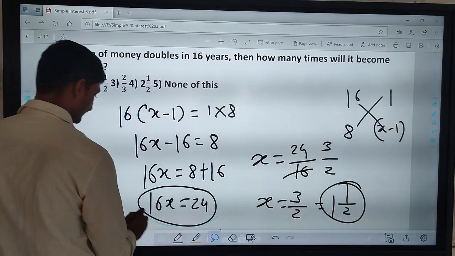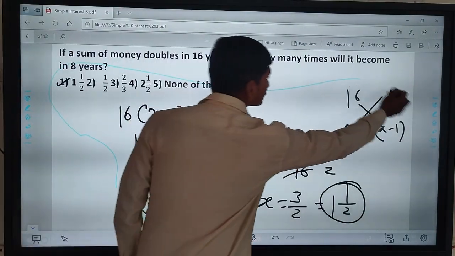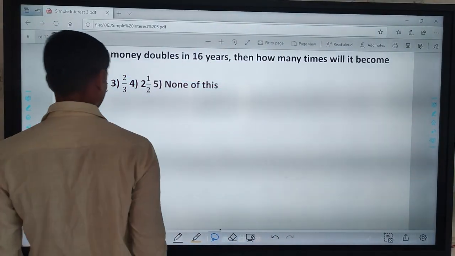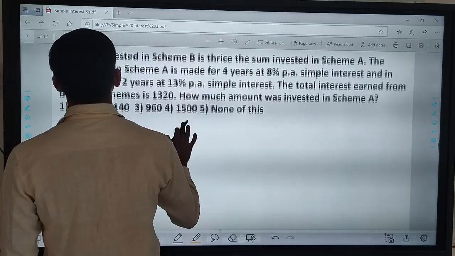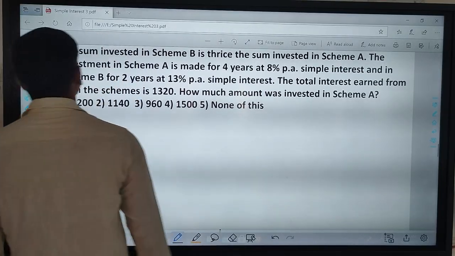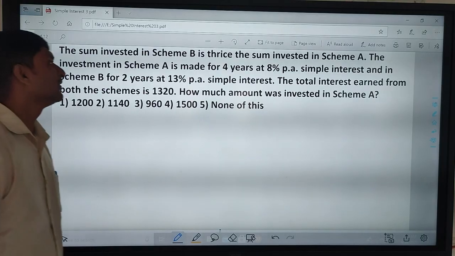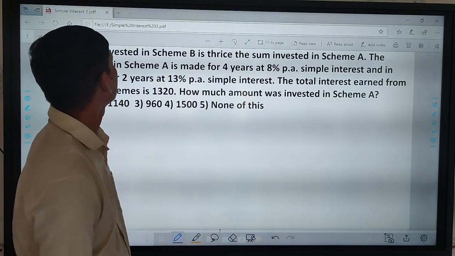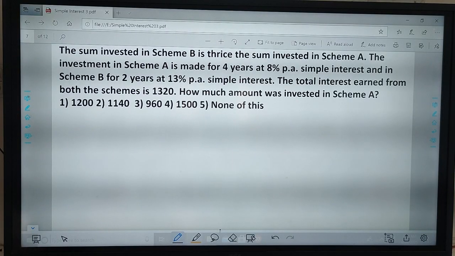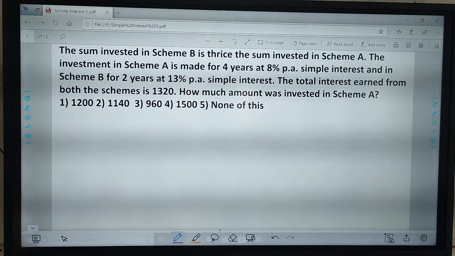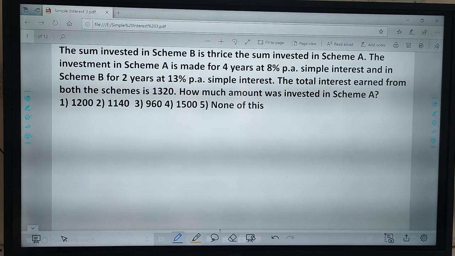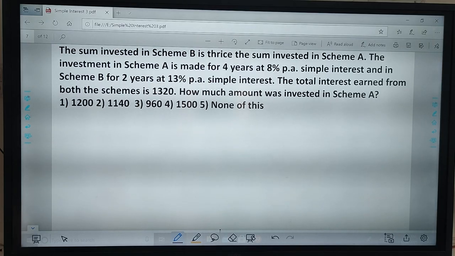Now next. A sum invested in scheme B is thrice the sum invested in scheme A. The investment in scheme A is made for 4 years at 8% per annum simple interest, and in scheme B for 2 years at 13% per annum simple interest.